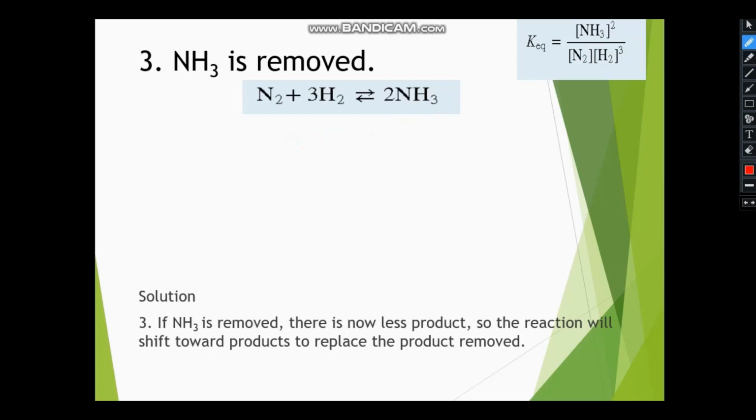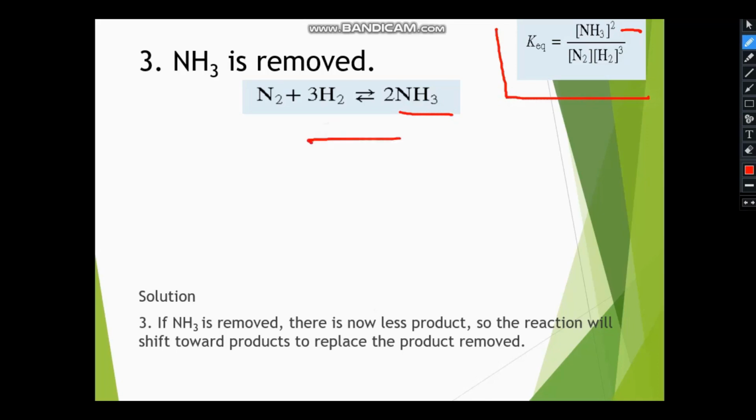The third situation is when ammonia is removed. If the product is removed, when you look at the expression, you are reducing the numerator.